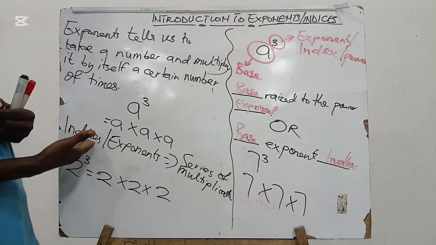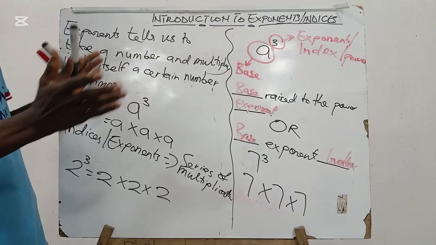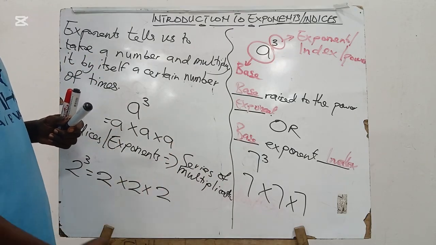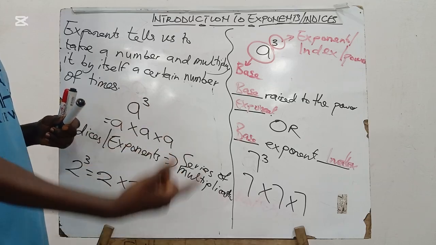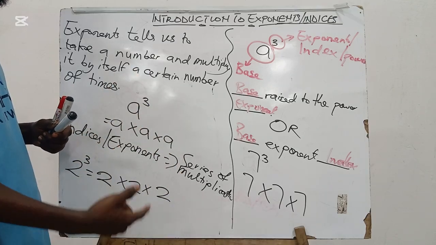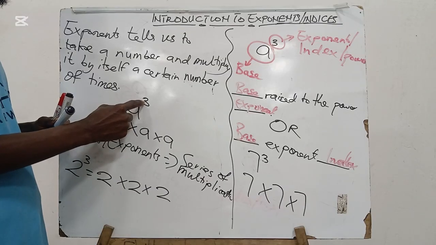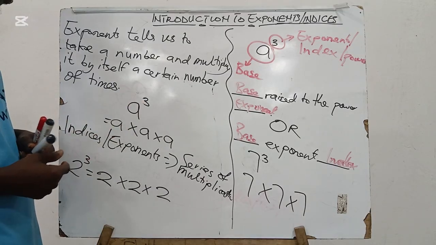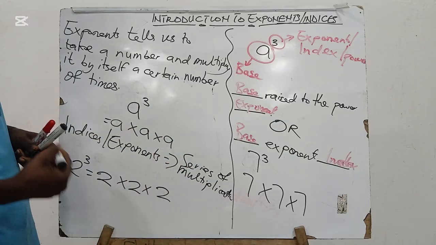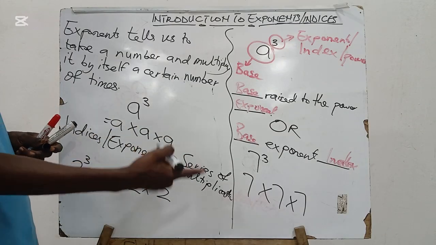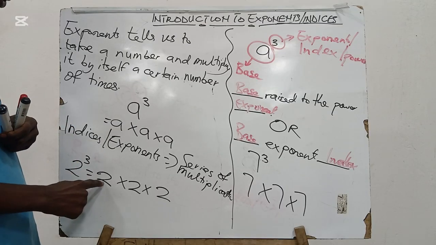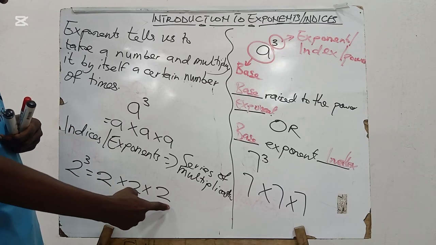In summary, indices or exponents are a series of multiplication. You are multiplying the base by itself several times, based on the power. The same way you know that multiplication is a series of addition, for indices, it's a series of what? Multiplication. So when I give you 2 exponent 3, it becomes 2 times 2 times 2.